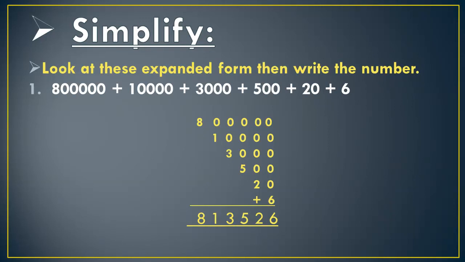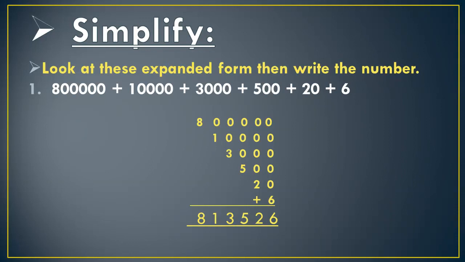Now again, if I add so many zeros, I get 2. 0 added to 5 gives me 5. 2 zeros plus 3 gives me 3. 0 plus 1 is 1, and then I have 8. So I have the number 8135226. This is the original number, or the simplified form of this expanded form.